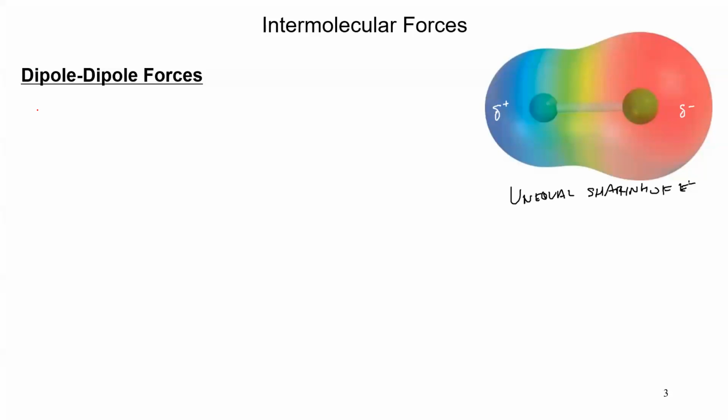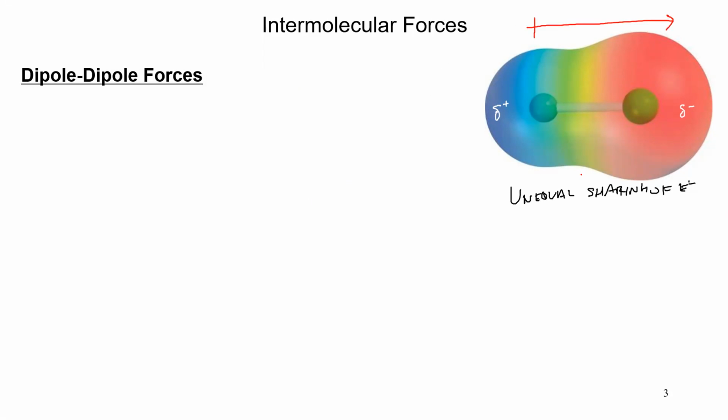Now, this imbalance of electrons, this unequal sharing of electrons, we call that a dipole. And there's a dipole in this molecule that runs from the positive side of the molecule toward the negative side. And we reference that with a vector, and we draw it from the positive end toward the negative end.